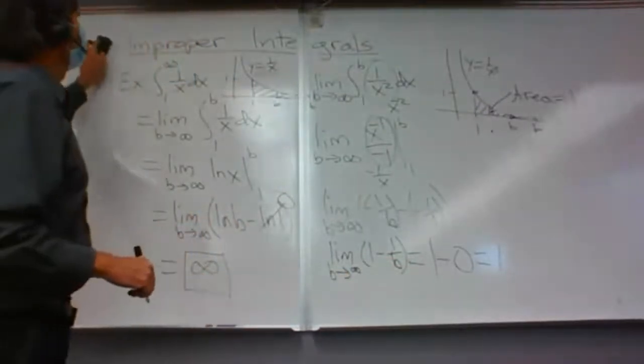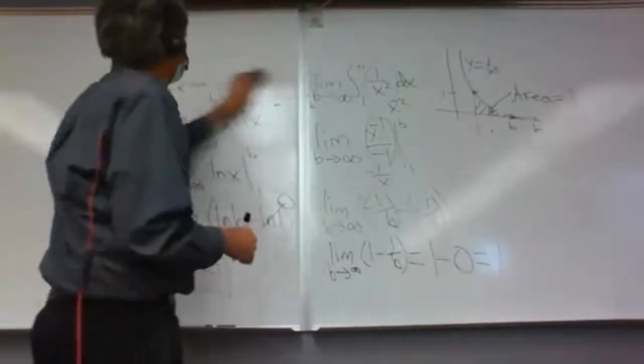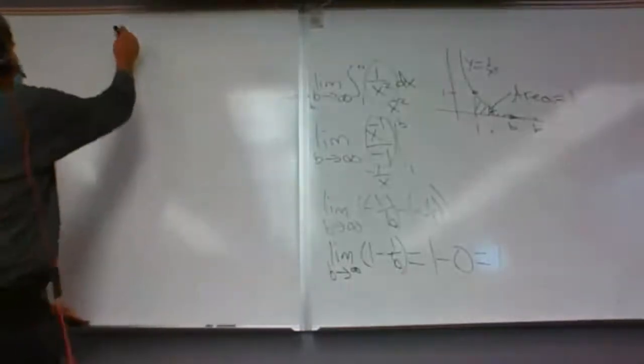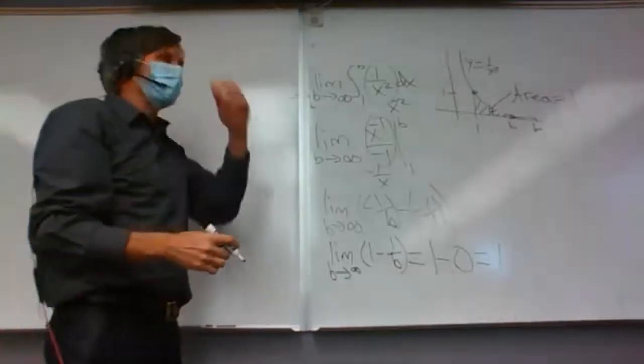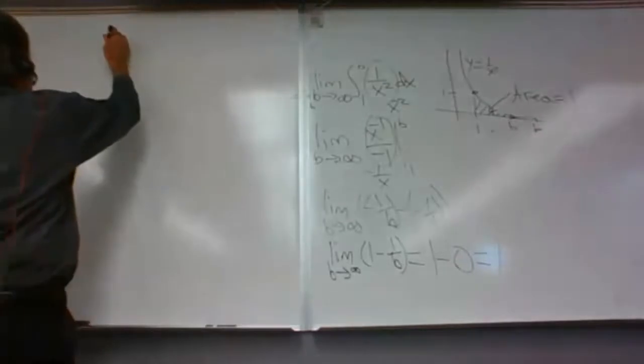So in general, we're going to make this definition then. That's what we wrote here. We're going to make a bunch of definitions. An improper integral is an integral that just has an infinity somewhere in it. So this is the first case.